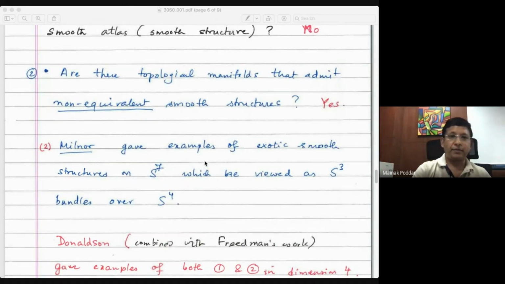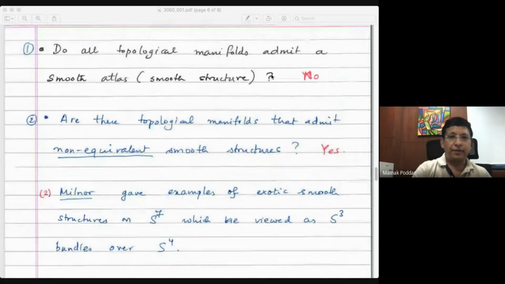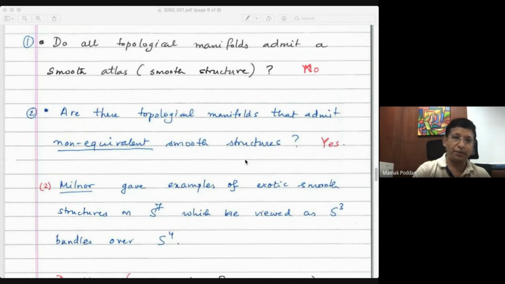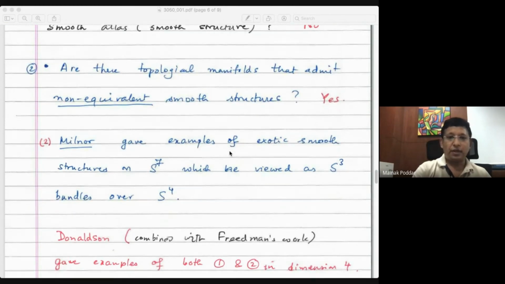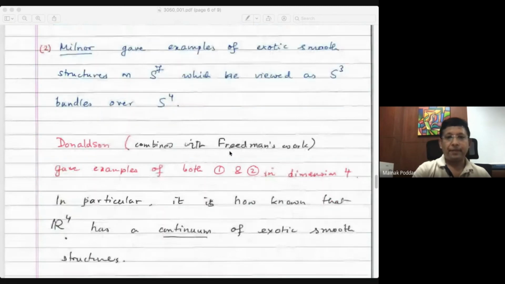That is, the negative answer to the first question, and lots of examples for the positive answer to the second question in dimension 4. Okay.